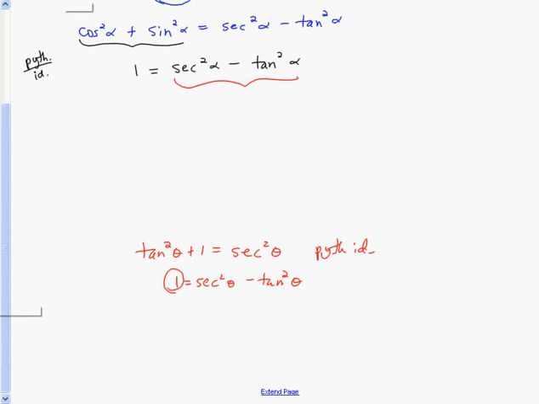So however you want to place that, you can. But 1 is equal to secant squared of alpha minus tangent squared of alpha because that's the Pythagorean identity rearranged. And so you have those two sides set equal. Okay.